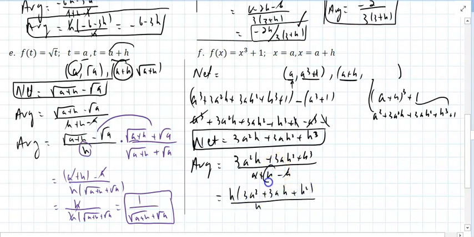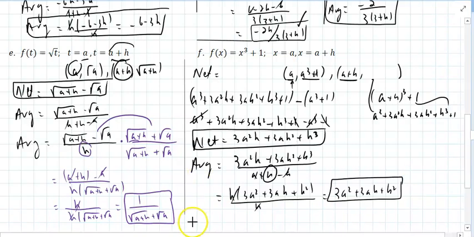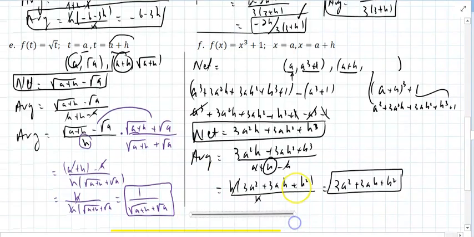Which h? This h. And once you cancel that, pretty much you're done. And that's pretty much it for this section.